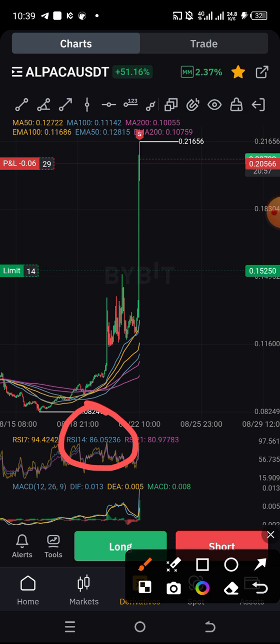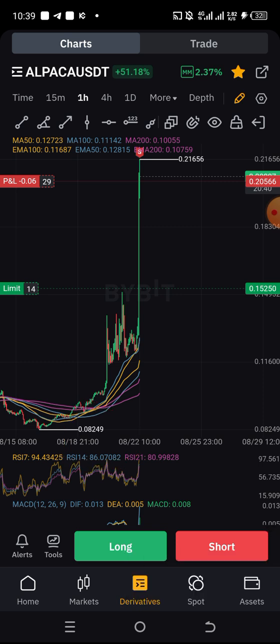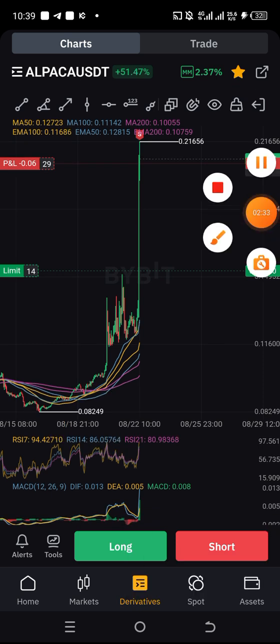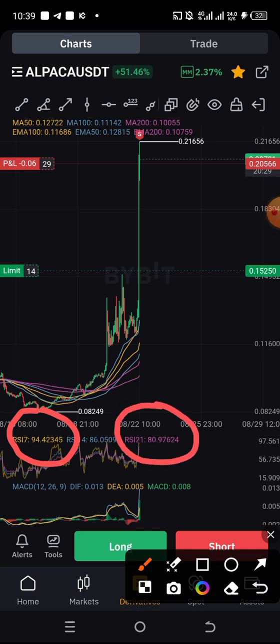If the number I'm seeing here is above 70, and the current number I'm seeing here is 86, so RSI 14 has got to 86, and as you can also see, RSI 7 is currently around 94, while RSI 21 is 80.